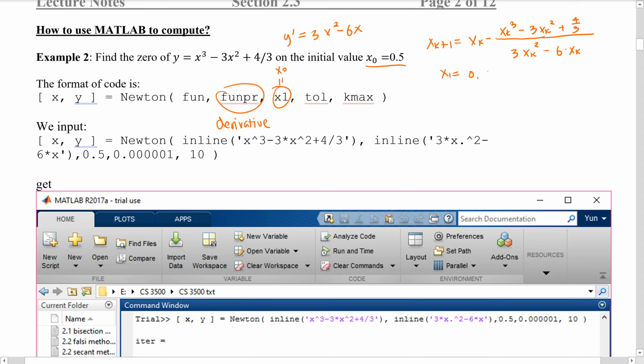So we get 0.8148148148. And then let's continue, copy and paste to see the x2.